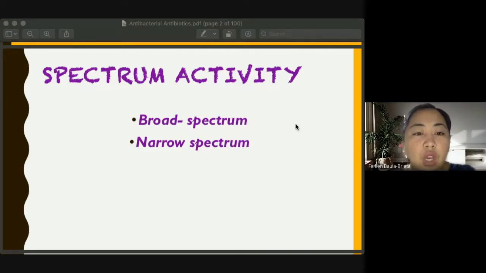Now, if we talk about narrow spectrum, it means it has a definite or targeted action. If the drug is narrow spectrum, it focuses only on gram-positive bacteria or gram-negative bacteria. And there are also antibacterials whose action is very narrow, or very specific.